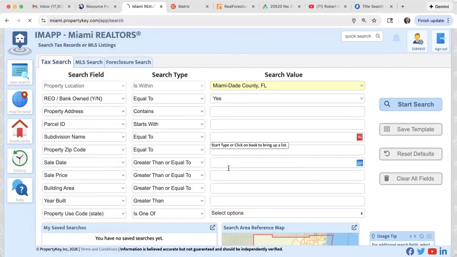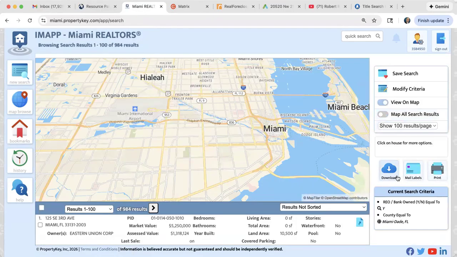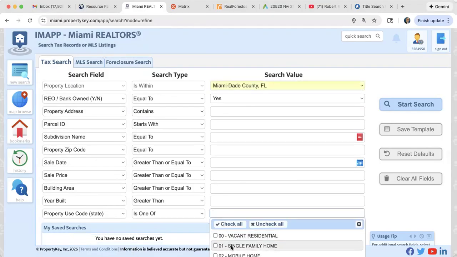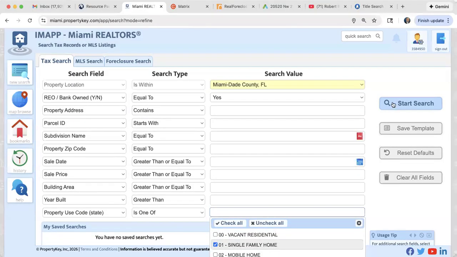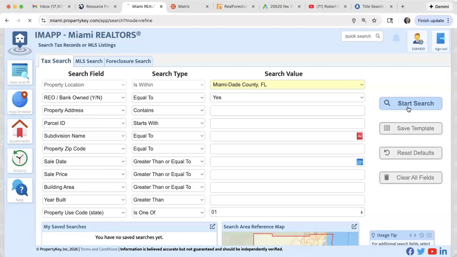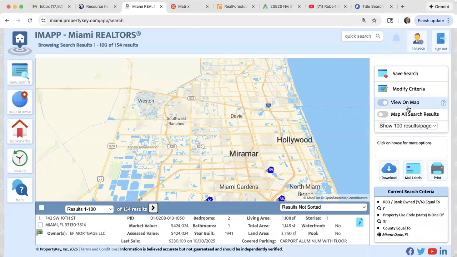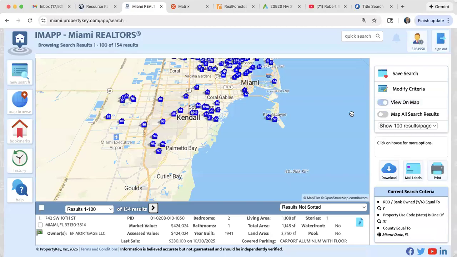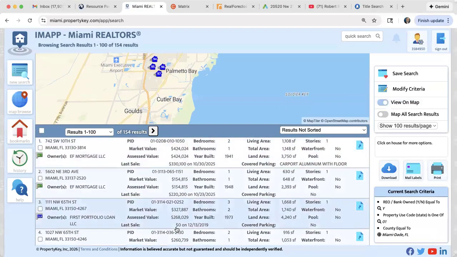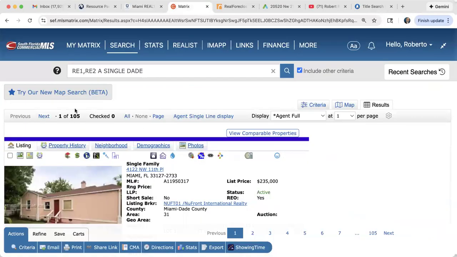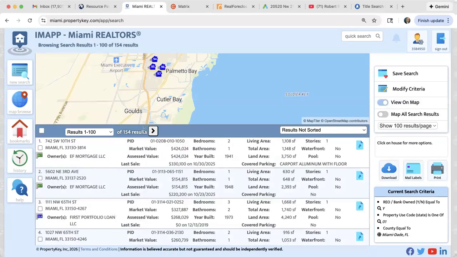Single family homes. I didn't choose, darn it. Let's go back, modify criteria. Let's go single family home, bank owned, start search. And in Miami-Dade County right now, there's 154 REOs.